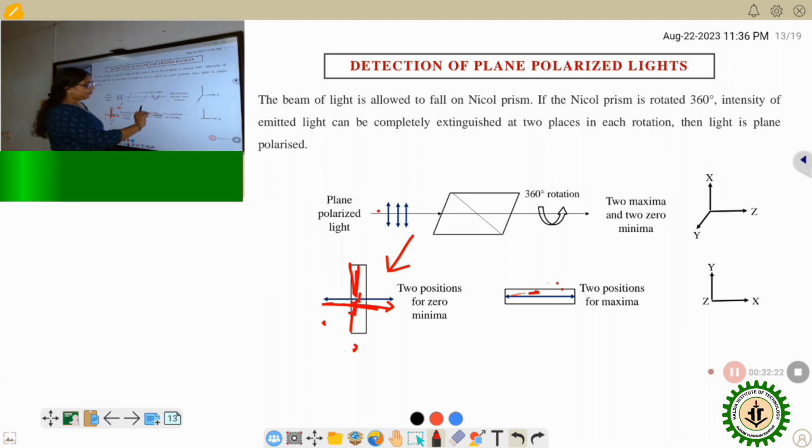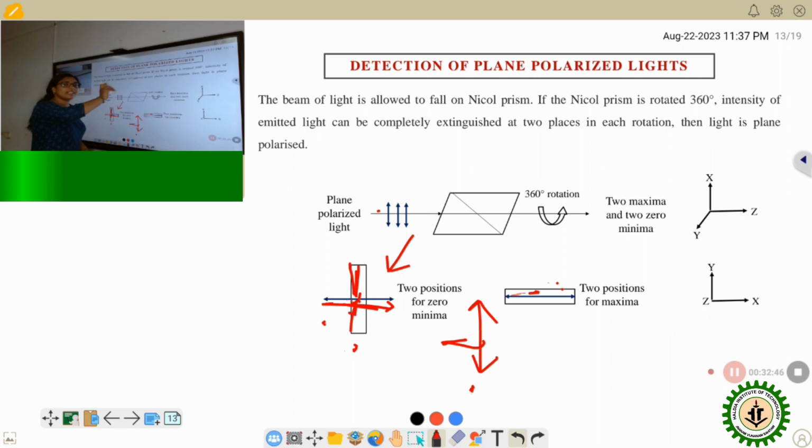As a result, for a 360-degree rotation, let us have the electric field like this. For this position we will get a maximum, in this position we will get zero intensity, again in this position we will get another maximum, and again in this position another zero.